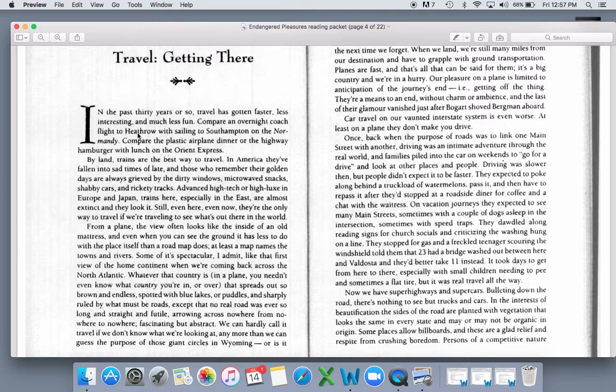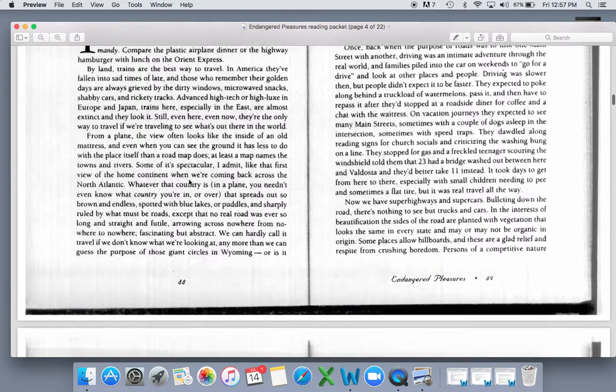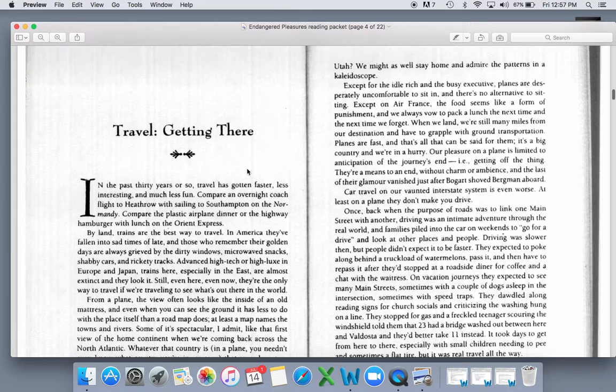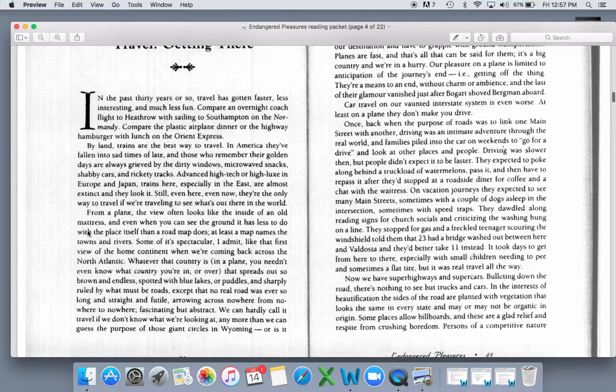And then once she's kind of introduced trains, introduced flight and boating as other ways of travel, she moves right into the problem. And she says, "from a plane." And then she gives us one, two very long paragraphs about planes and why they're problematic. Why are they problematic? The view is terrible.